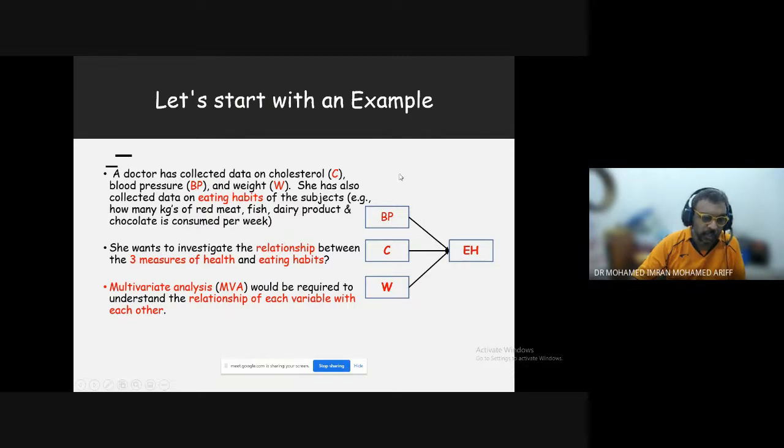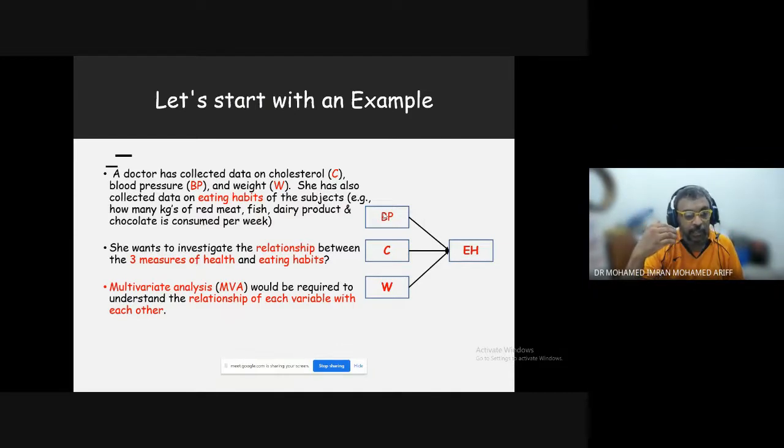Okay, what is the relationship between here? Is something of this going to happen? That means adakah ini will affect this? Maksud dia, can we say if a person's blood pressure is high and the weight is high and the cholesterol is high, his eating habits will increase or will be high as well?